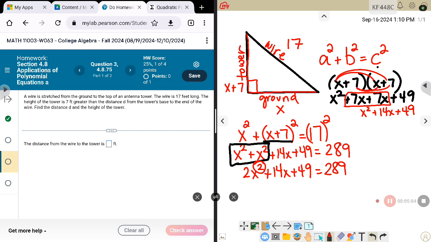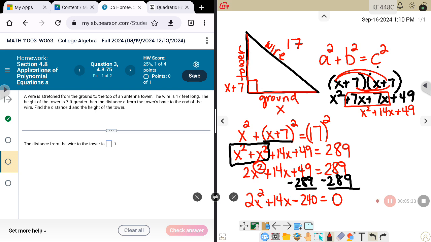It was always equal to 0. So I need to make that happen. I'm going to subtract the 289 from both sides. So now I have 2x squared plus 14x minus 49 minus 289 gives me negative 240 equals 0.